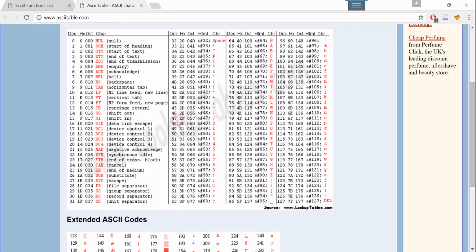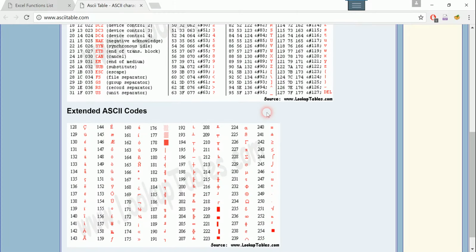The relevant ones start from space, decimal 32, then exclamation mark and so on, because they're useful to us. The digits 0 to 9 start from 48 and go down to 57. Uppercase alphabets start from 65 and end at 90, and then the lowercase starts from 97.